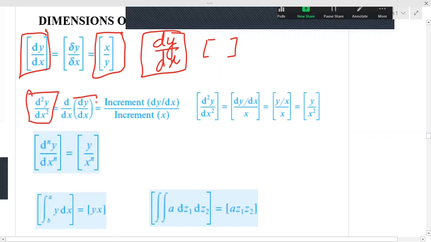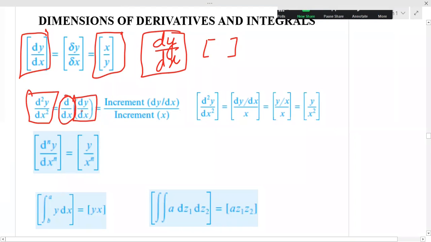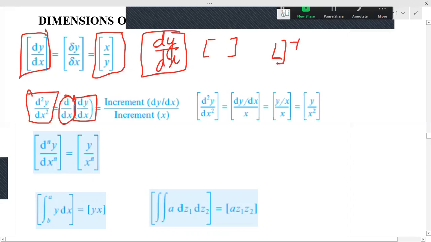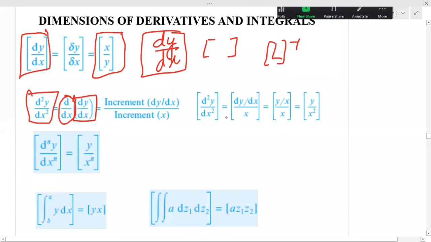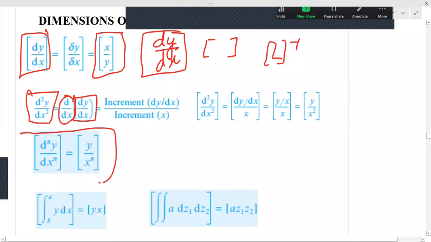Second derivative is actually the rate of change of the first derivative. Inverse of length. And this is a generalized formula so that you don't confuse in your numericals.